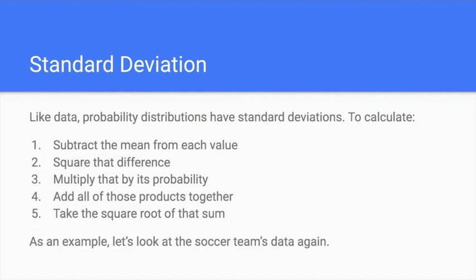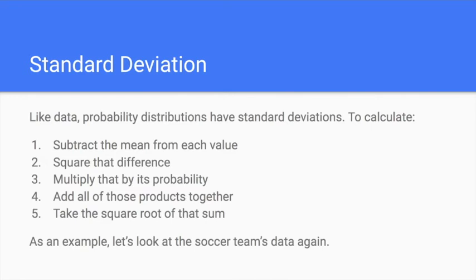All right, standard deviation is something we've already discussed. Remember, we say it's how spread out the data is. So PDF tables have standard deviations as well. Calculating the standard deviation is a little more complicated than the mean, but it's still not too bad. It requires a couple extra steps. We have to find the mean first.